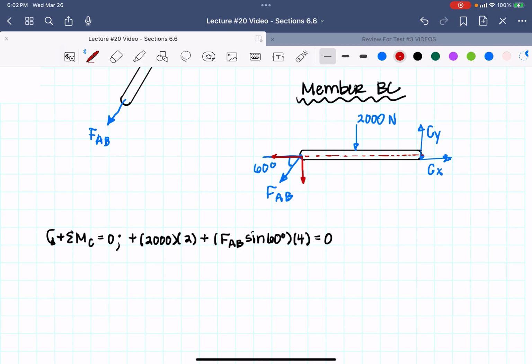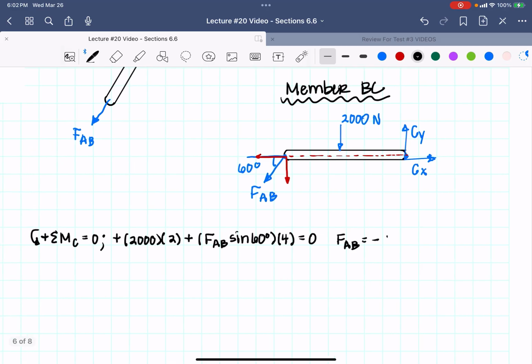All right, so I can solve this equation for FAB, and I get that FAB equals negative, so I assumed the wrong direction, 1154.70 newtons. All right, so that's one thing it had asked us for. So solved.